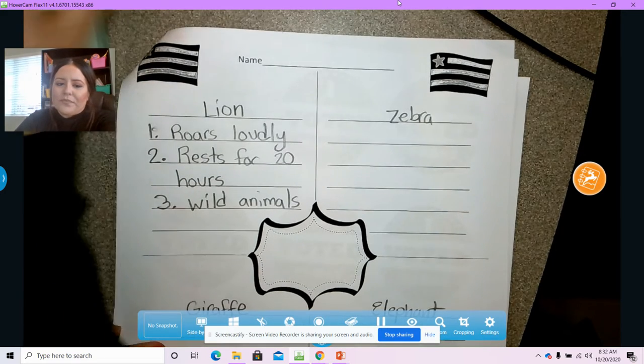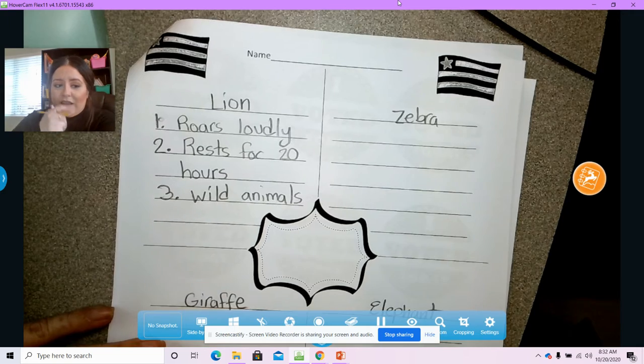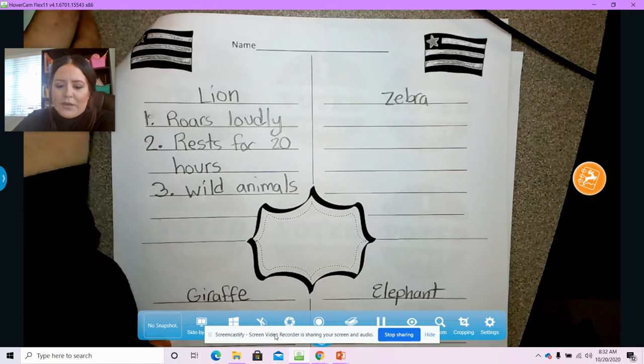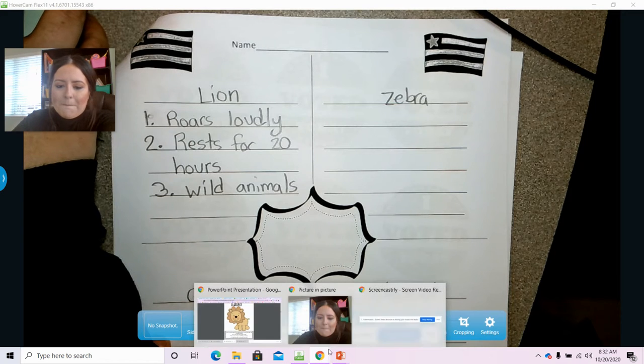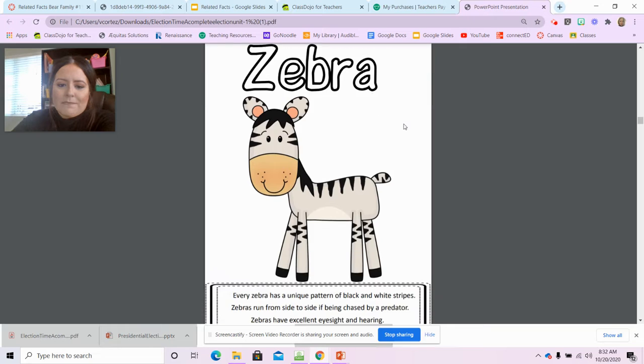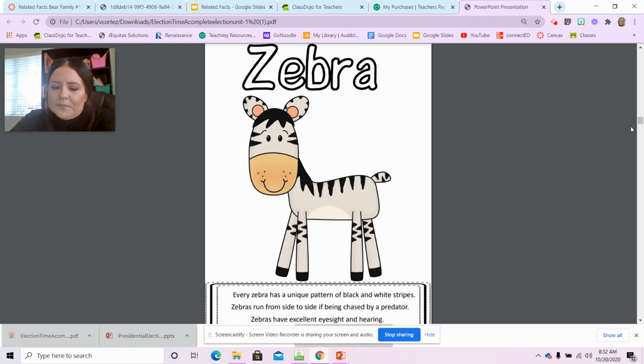All right. So if you need to keep this, you're going to pause and I'm going to go back to read about the zebra. Every zebra has a unique pattern of black and white stripes.